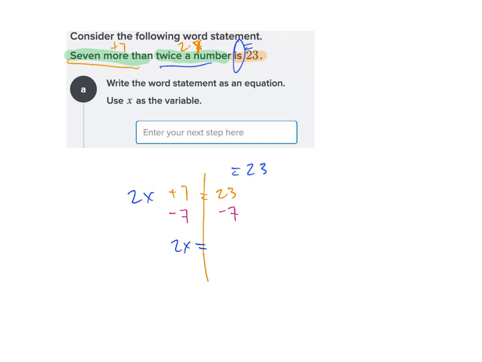And on the right side, we're going to have 16, right? Okay, then to undo the multiplication, I'm going to divide both sides by 2. I get x equals 8. And so that's your solution, x equals 8.